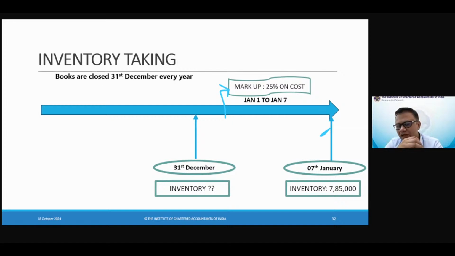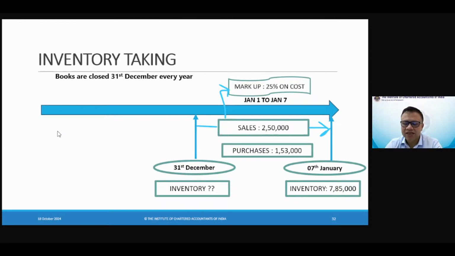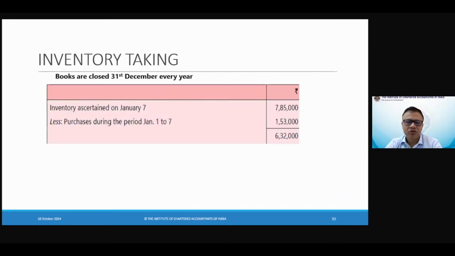From January 1 to January 7, your sales has been 2,50,000 and your purchases has been 1,53,000. In that condition, we have to find what the inventory should be on 31st December. Inventory on January 7 is 7,85,000.